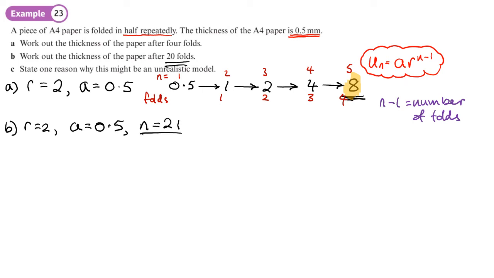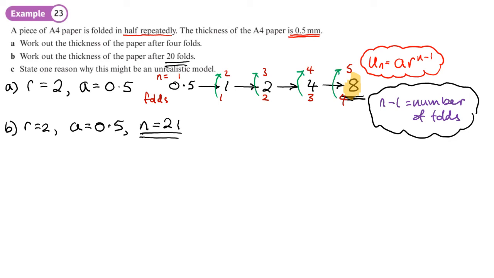So n would be 21. Yeah, we're using this again here. So the number of folds plus 1 gives you n. You can see that in what we've got here, number of folds plus 1. So you've got to take care. You could easily just take n for the number of folds.